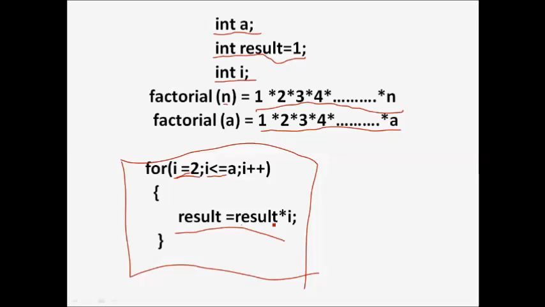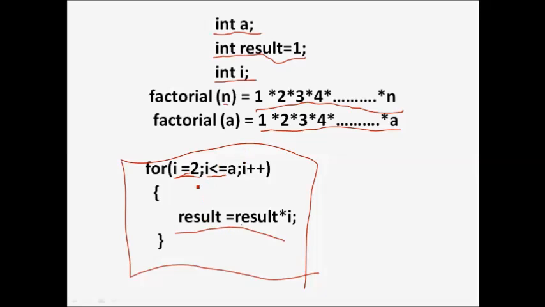It will be the new value of result. In the next pass, the value of variable i will be 3, so 3 will be multiplied with the result, and whatever comes after multiplying the variable result with 3 will be assigned to the variable result.